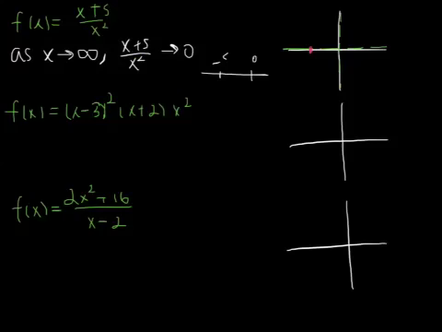If I am to the left of negative 5, my function is going to be negative. If I'm in between negative 5 and 0, my function is going to be positive. And when I move to the right of 0, my function is also going to be positive.